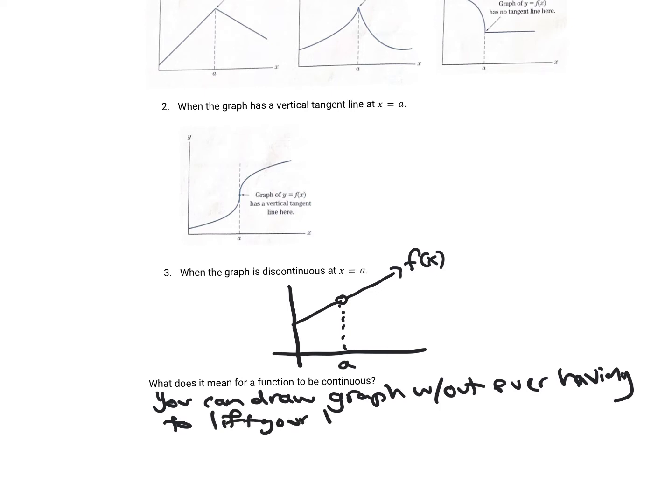In other words, there are no breaks or gaps. Clearly that would not be the case for the graph we just drew above in number 3, because there's a hole there, so I'd have to skip over that hole to continue on my line.